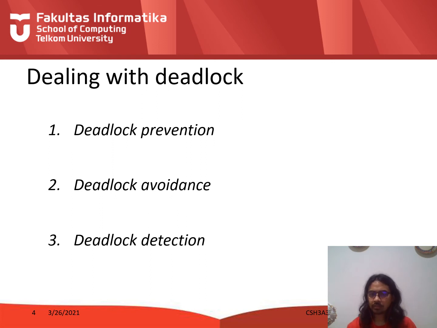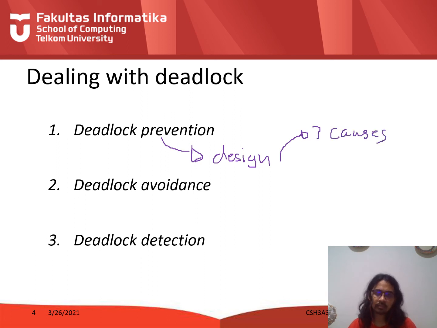The difference between these 3 is that deadlock prevention is done in the step of design. So when we are designing our operating systems and processes, we prevent deadlock from happening by eliminating the 3 causes mentioned earlier, plus the 4th one.